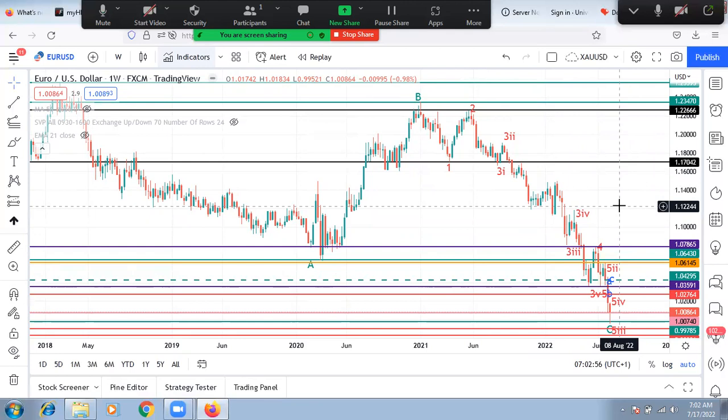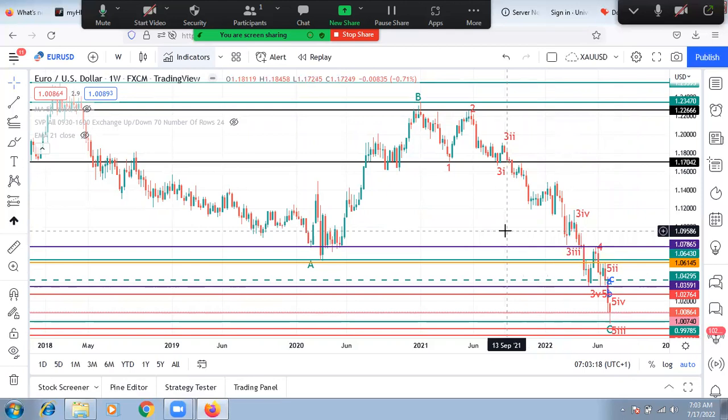Market or price is not that perfect. So price may project a little bit beyond here before that reversal. So it's not perfect, but we should be expecting if it's going to be a reversal or a correction. The kind of reactions that we're going to see here will tell us if it's going to be a reversal. And if it's going to be a reversal, of course, what do we expect?